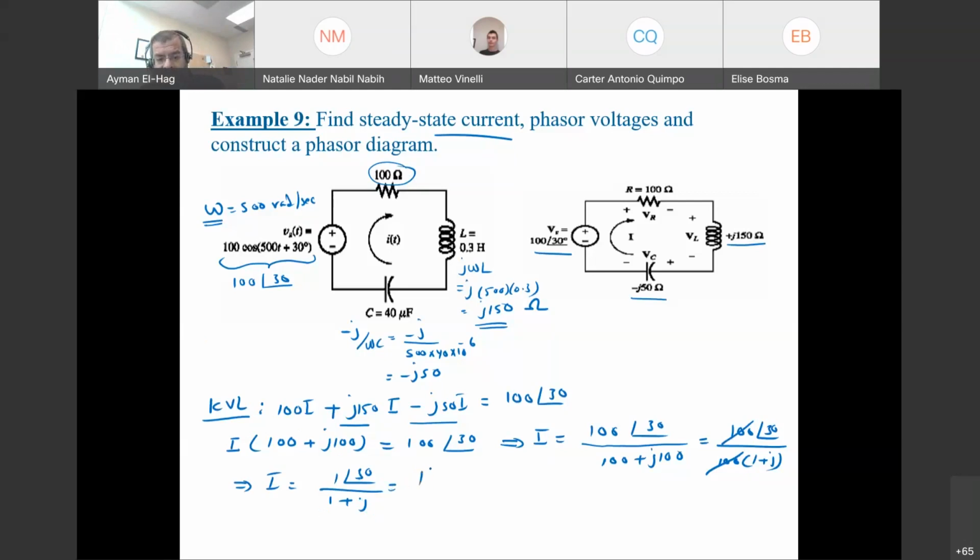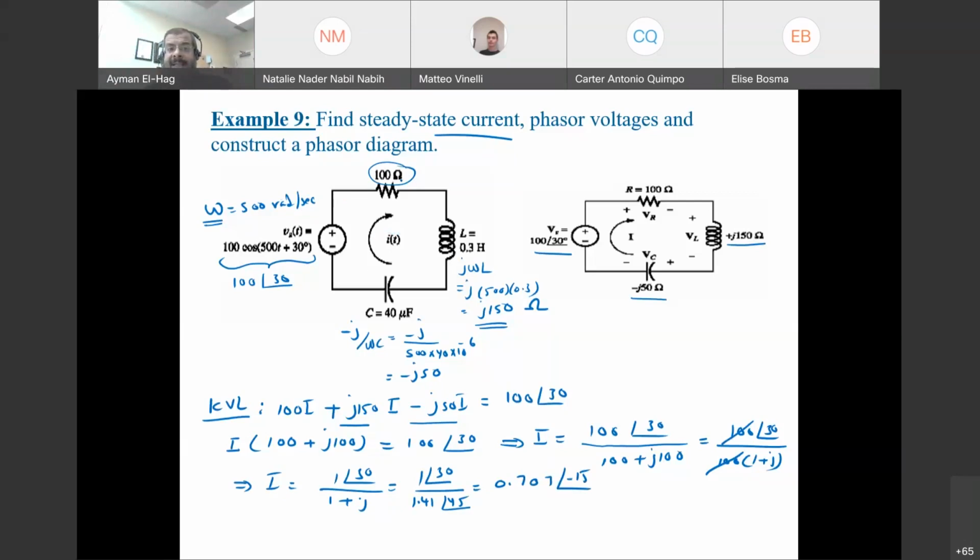So this is 1 angle of 30 divided by 1 plus J, which I will convert into polar. So this will become equal to 1.41 angle of 45. So this will give me 0.707 angle of minus 15. So this is your I as a phasor. Now we want to find I of t, the steady state current, because this is what we want to find originally.